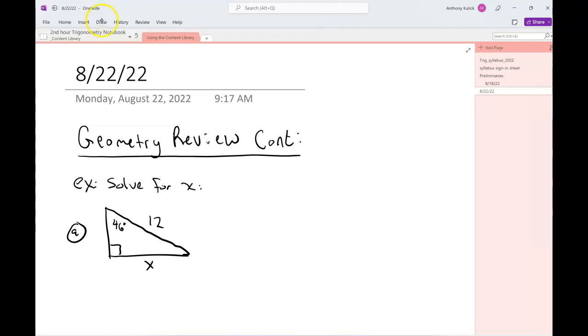And actually, Mr. Kulik will name these vertices just so it's easier for us to talk about it. So we have this right triangle here, ABC. We're told that angle A is 46 degrees, and side CB is X, and side AB is 12, and we're asked to solve for X. This should look like a familiar geometry-ish problem, right? Probably did a lot of these.